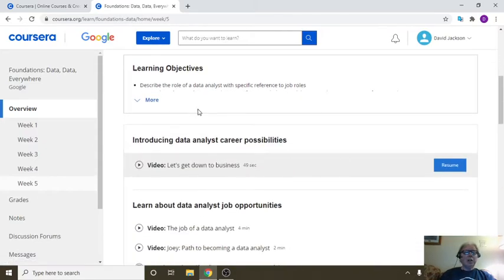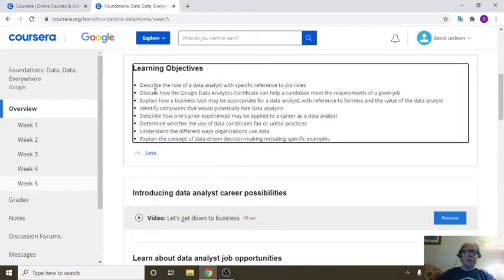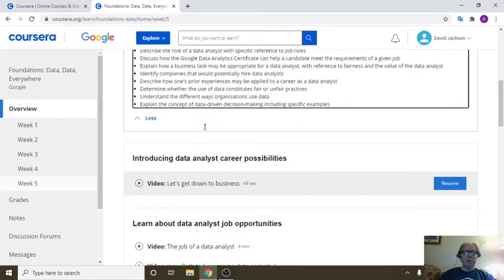So, let's see the learning objectives. Describe the role of data analysts. Discuss how Google's data analytics certificate can help candidates. Explain how a business may be appropriate for data analysis, with reference to fairness and the value of data analysis. Identify companies that would be particular to hire data analysts, and so forth.